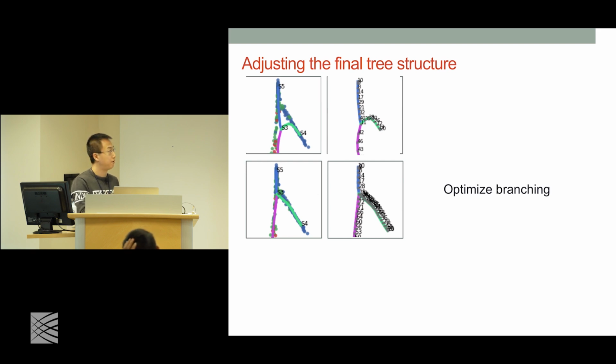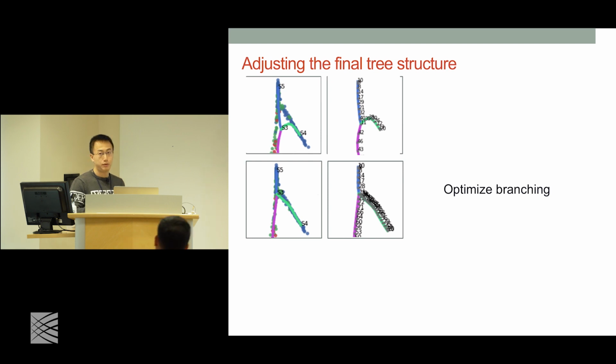Also, if you look here, when we calculate the pseudo-time, we need to measure the distance from the root node. You can see some cells here, this branch doesn't really reach the further cells.